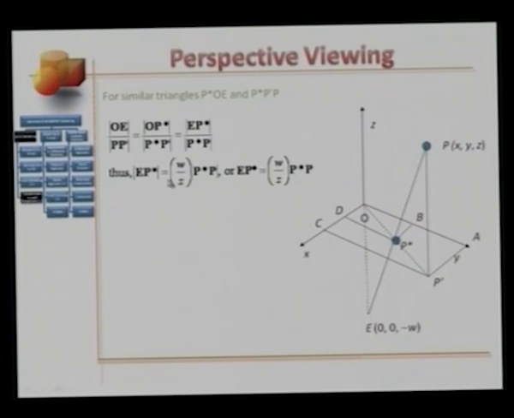Now this equation relates only the distances or moduli of EP star and P star P. But note from the figure that EP star is collinear with P star P. They have the same direction. With that said, I can relax the modulus sign here and I can rewrite the equation as EP star, the vector, equals W over Z, which is a scalar, times P star P, another vector.